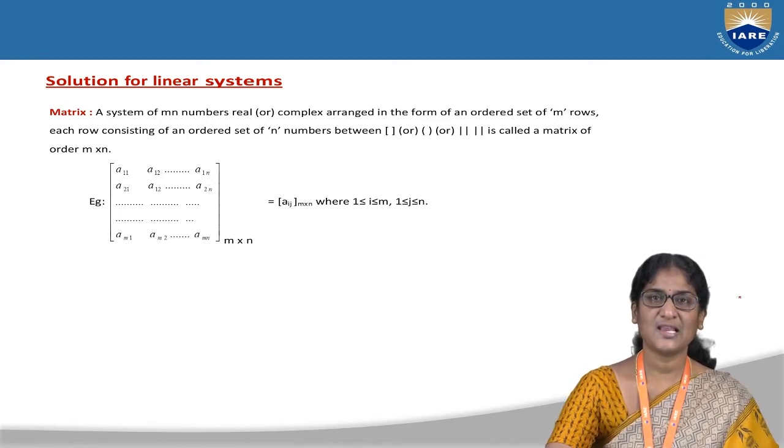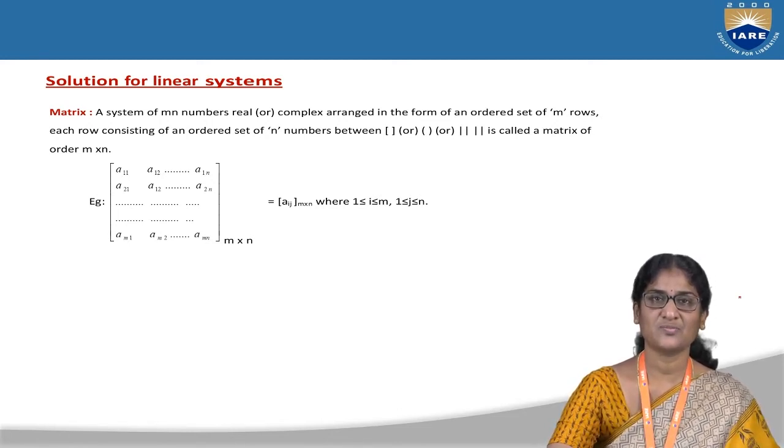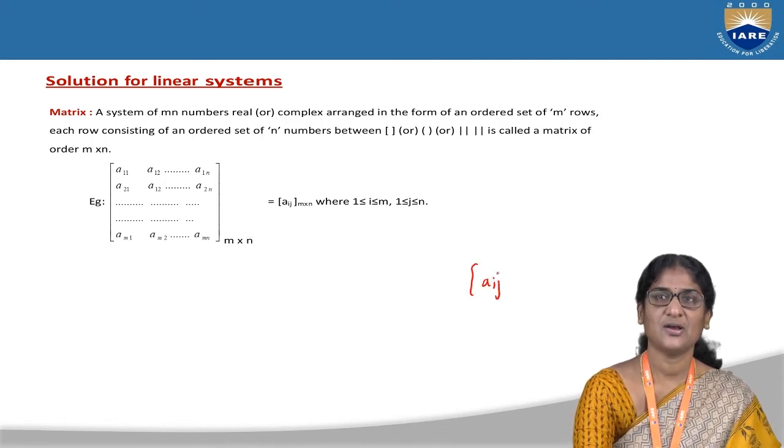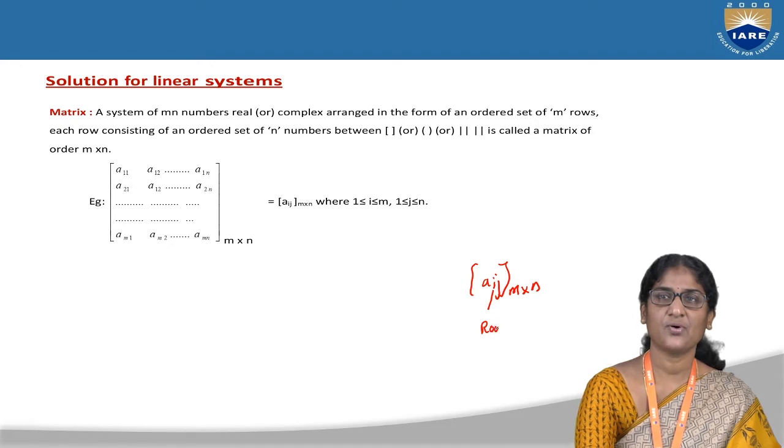If you arrange the elements in rectangular rows and columns, counting and operations become very easy. In general, a matrix is represented by A = [a_ij] of M cross N, where i represents the row and j represents the column.